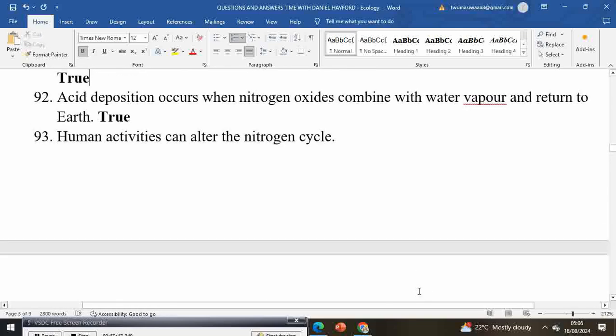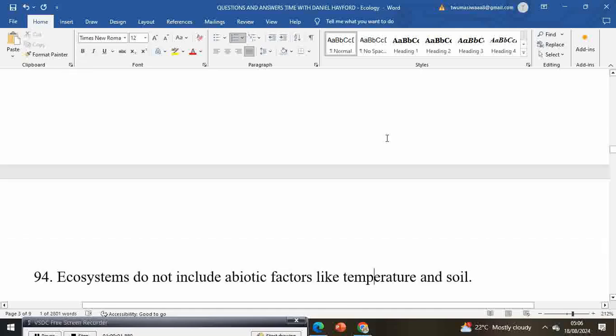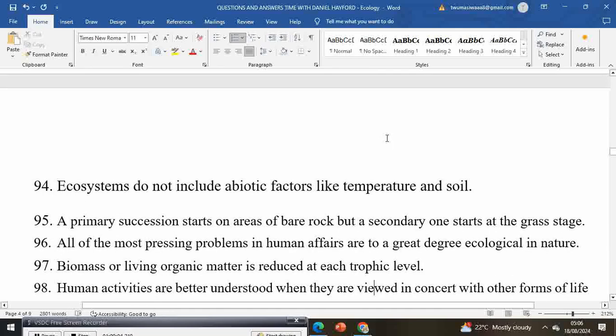Great. Then human activities can alter the nitrogen cycle. Is it true? Yes, it is true. For example, we use fertilizers around the world, and some of the fertilizers we refer to as NPK.